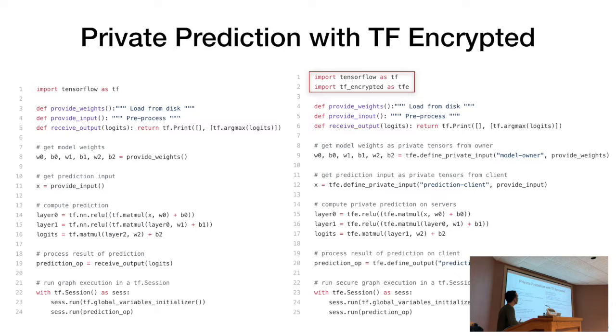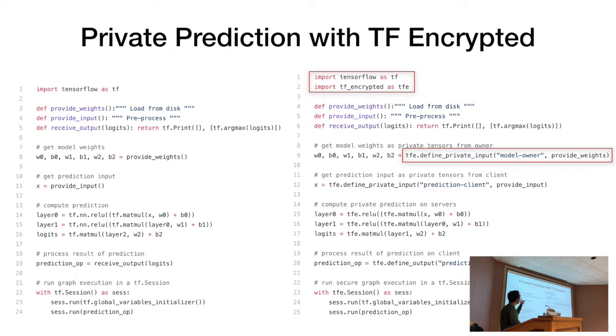With TF Encrypted, it's very similar. You import TF Encrypted alongside TensorFlow, meaning you could still use both of them. Now, instead of executing these functions that we defined on our device, we wrap them in this handler, which we need to annotate with who is responsible for running that function.